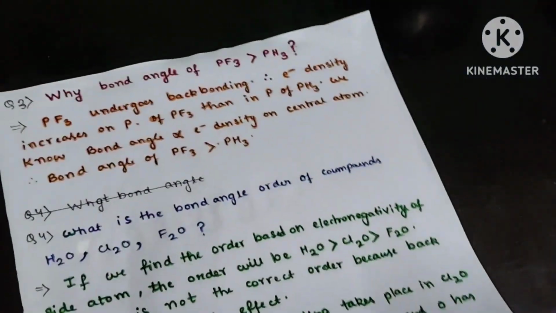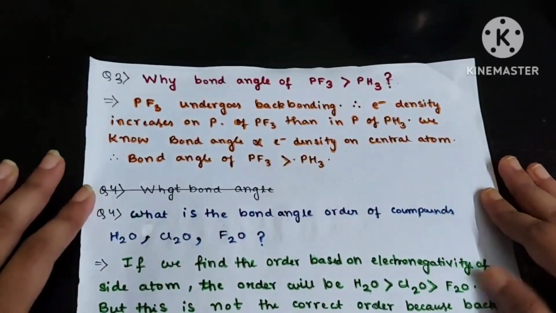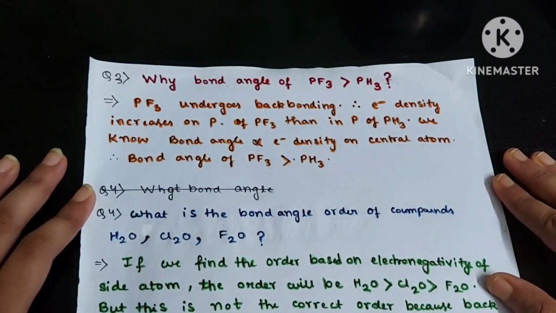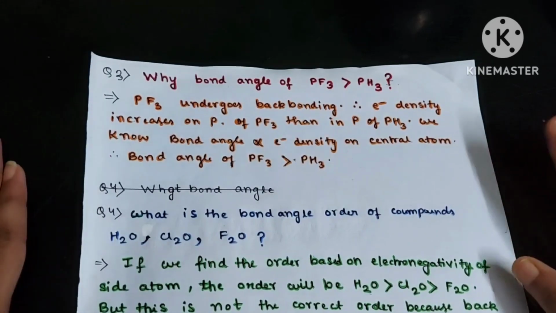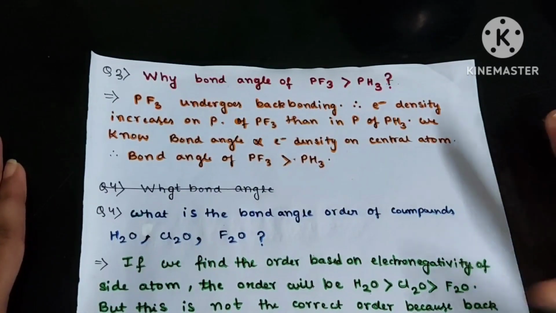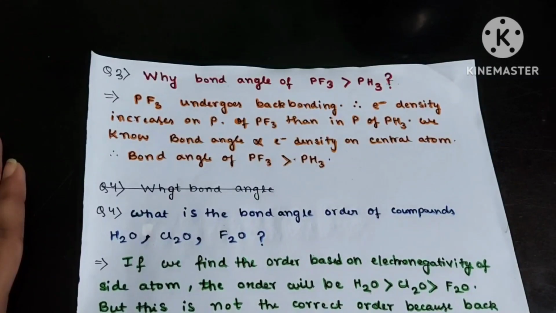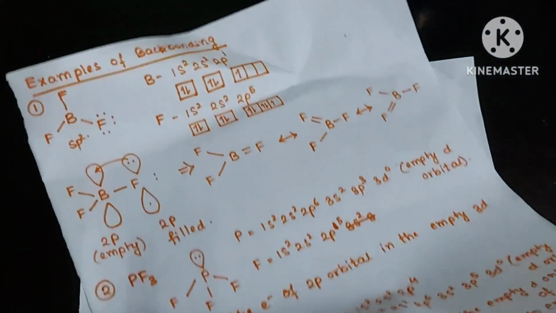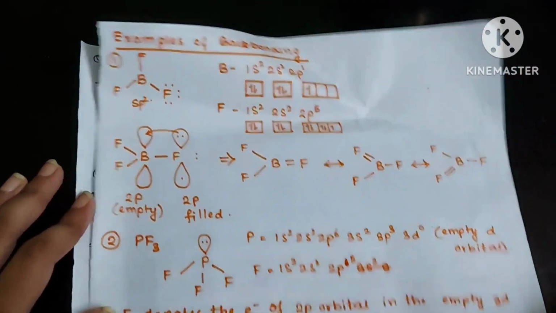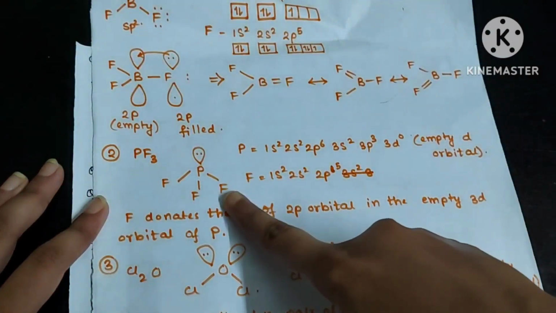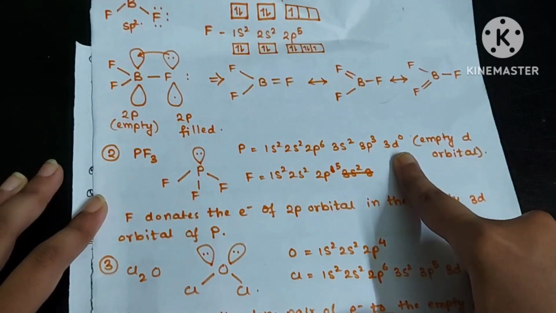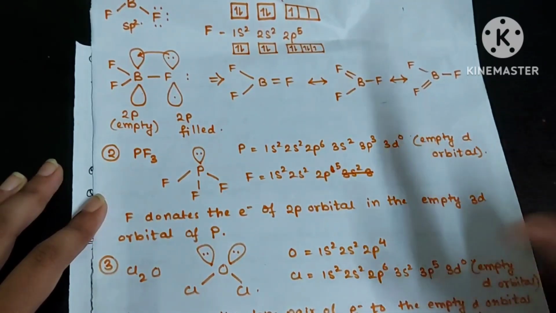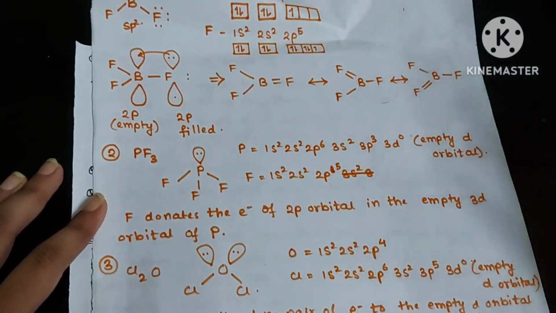Then next question. Question number 3. Why is the bond angle of PF3 greater than PH3? PF3 undergoes back bonding. In the previous video, in the example section, I have shown that in PF3 back bonding is taking place, and here phosphorus has empty 3d orbitals.